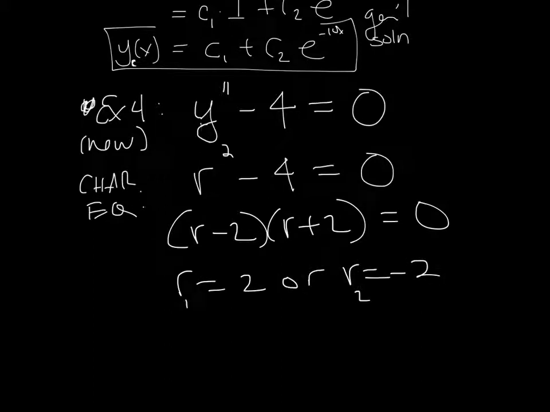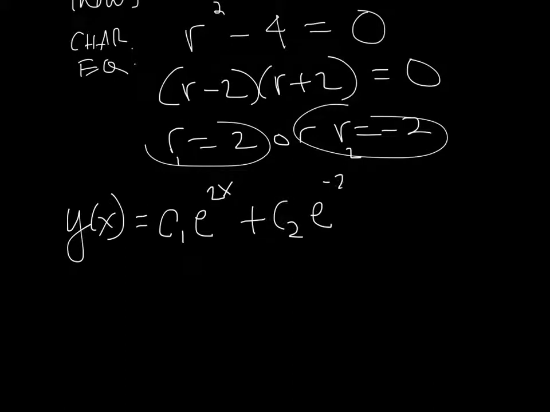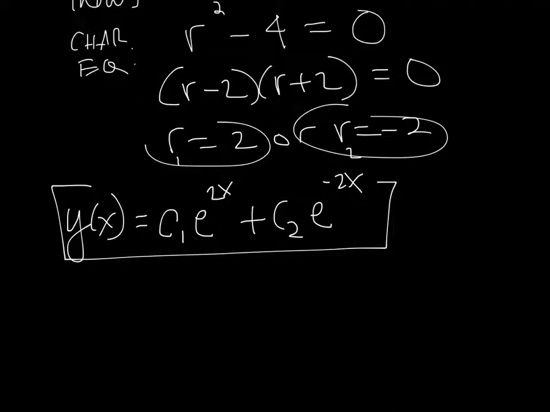I'll call those r1 and r2. Here are my roots. So my general solution is going to be c1 e to the 2x plus c2 e to the negative 2x.